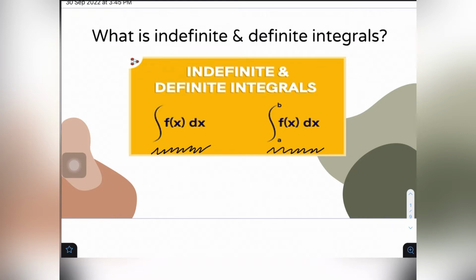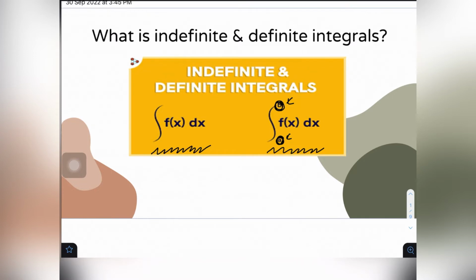You can tell them apart if you see any limit, any number at the bottom and on top of the integral sign, which means it involves a definite integral, where we can find the value of our integration equation by substituting the value of the lower limit and the upper limit. The one at the bottom we call the lower limit, bawah, and the one on top we call the upper limit, atas.